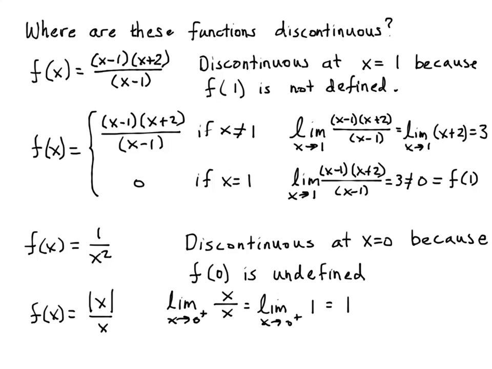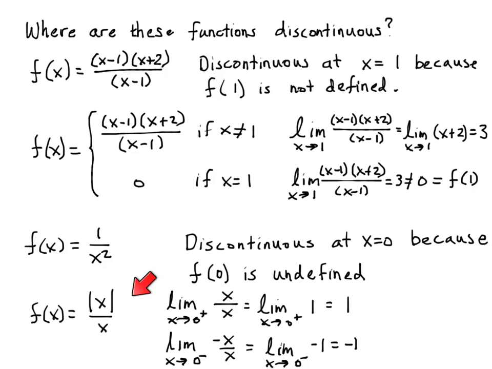If we come from the left, though, x is always negative, and so the absolute value changes the sign of that, and so we're always going to get -1. Look at the original function here.